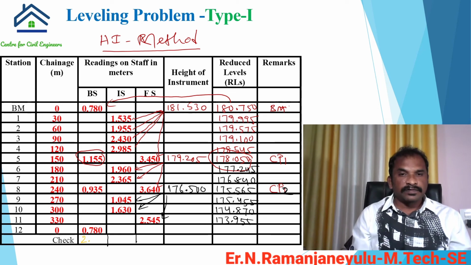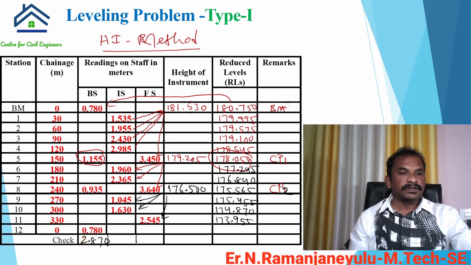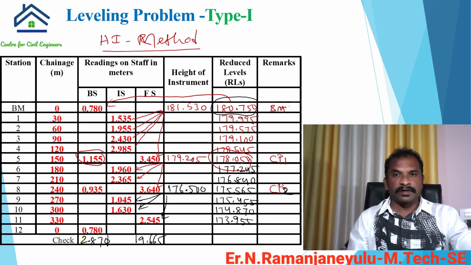The total value of sigma BS is 2.870. Similarly, the sigma FS value is 9.665, and this is the first RL and this is the last RL.